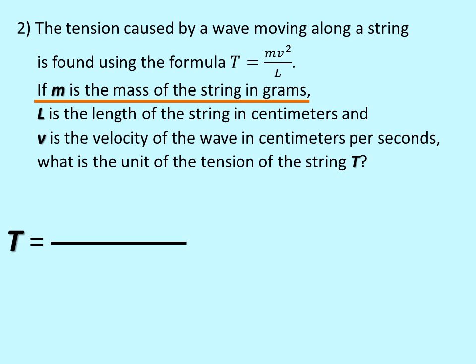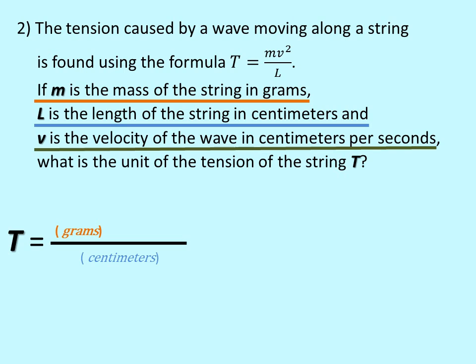Okay, so what we want to do is we want to put grams in there because we measure mass in grams. Alright, let's look at L now. L is the length of the string in centimeters. Okay, L is measured in centimeters is what they're saying. L is at the bottom. We're not doing anything fancy to L, so we just write down centimeters.